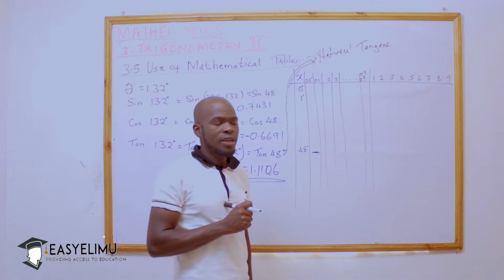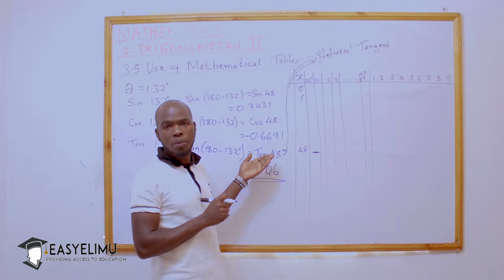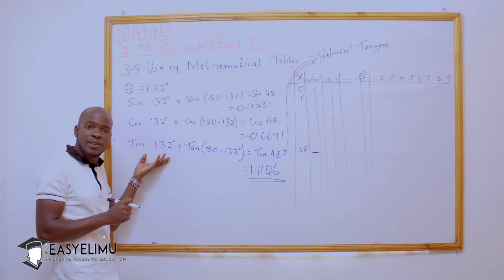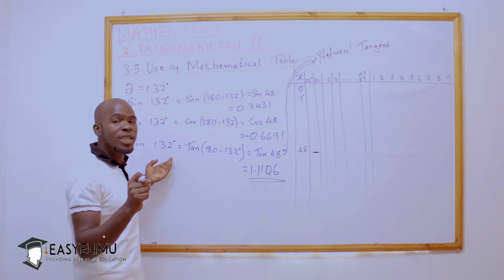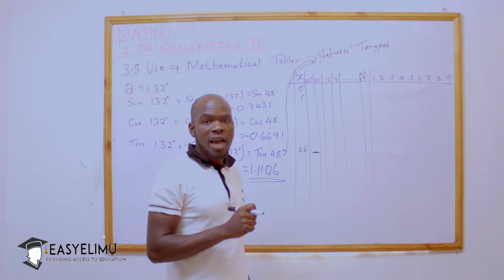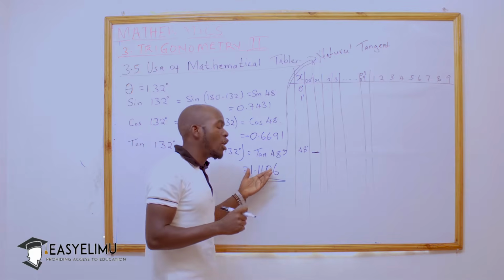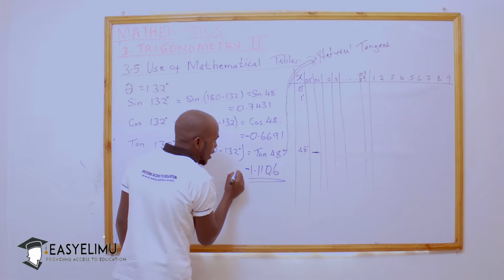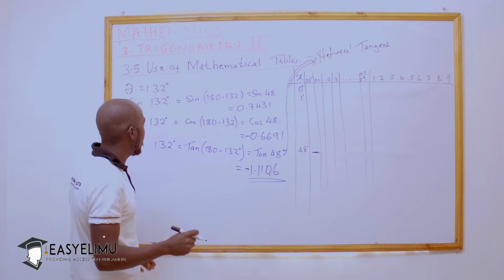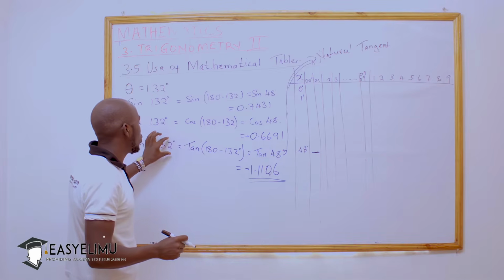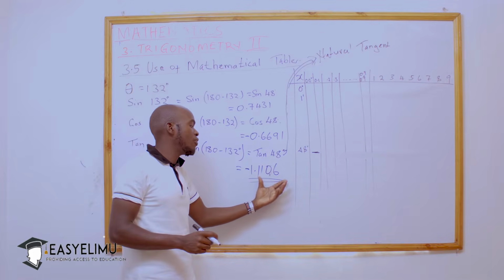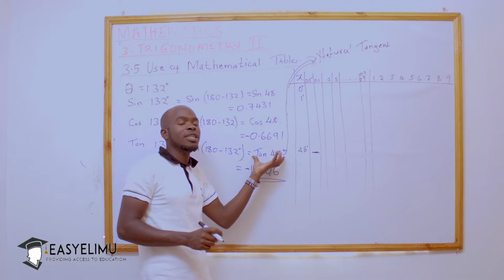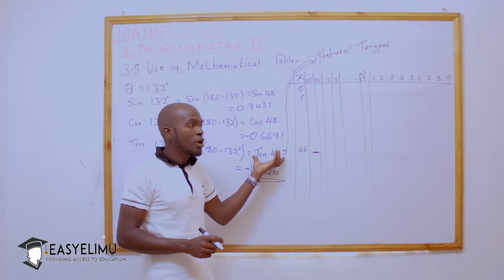But remember what we said. This is an acute angle in the first quadrant, but it resembles the tangent of the angle of 132 degrees, which is in the second quadrant. And in the second quadrant, tangents are negative. So our answer here is negative. Tangent of 132 degrees is equal to negative of what we are finding here. But if it was an acute angle 48 degrees, then the tangent would be positive.